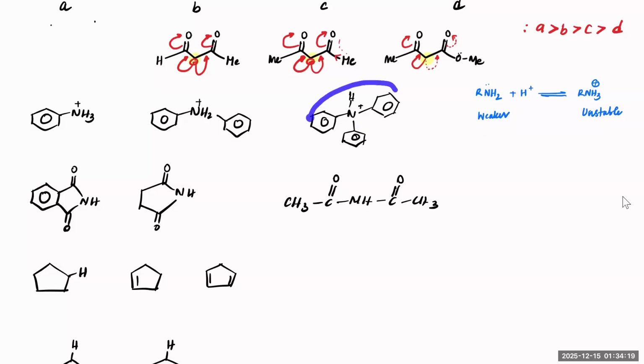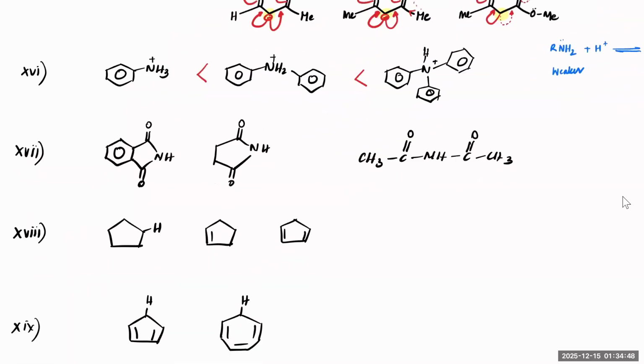Since it is a weaker base compared to others, it would produce a more unstable acid, which means it is highly acidic. So removing this H plus would be much easier, being acidic. Therefore, this is how the acidic strength will vary. So you got to check based on the instability of the conjugate acid.